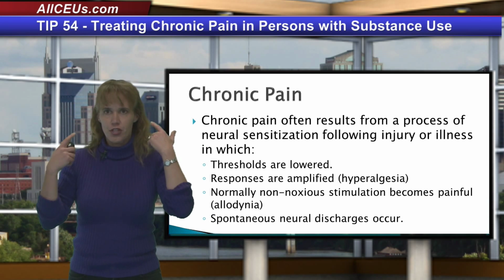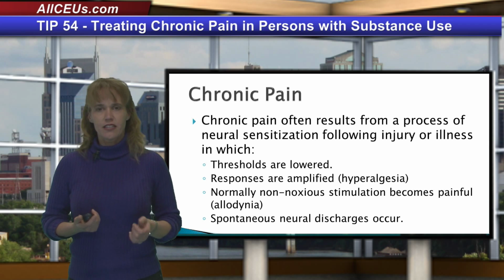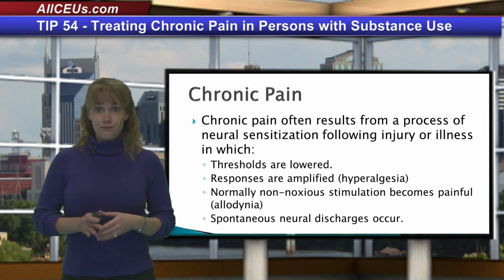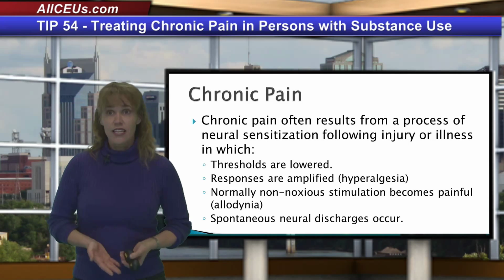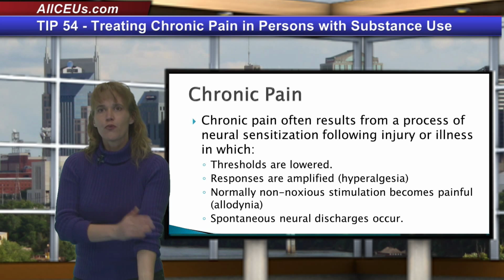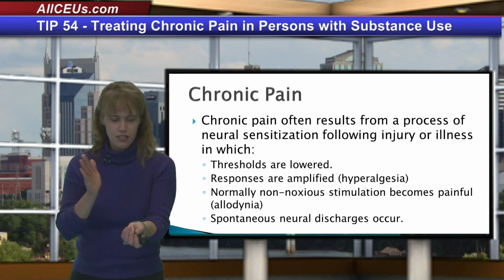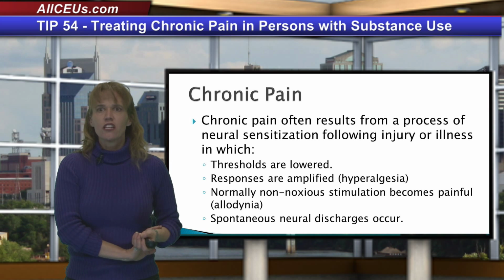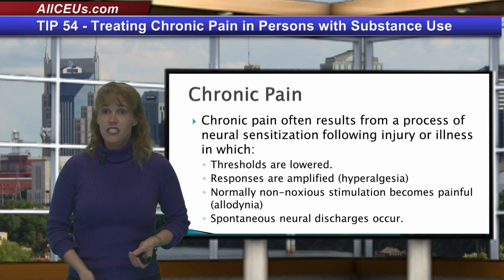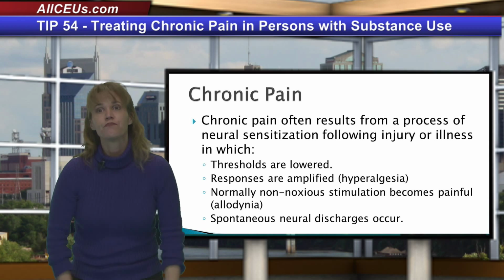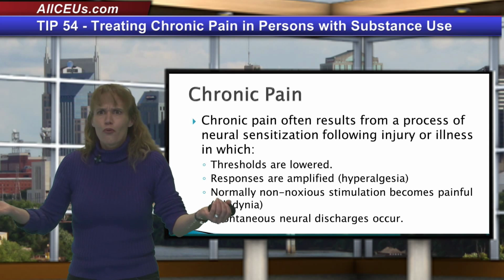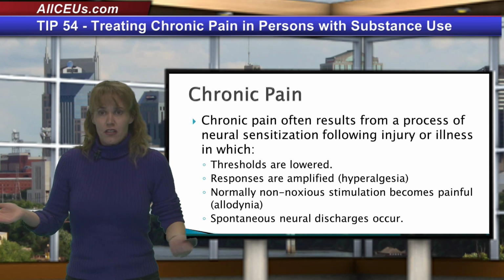It's just their nerves are misfiring, these spontaneous neural discharges. So we need to be aware that these are real and they are going to impact the person. You can also have that even if there wasn't an amputation. Maybe something's healed and it's fine, and then all of a sudden, in the middle of the week, for no apparent reason, it feels like somebody just jabbed it with a knife. That's that spontaneous neural discharge. And you're like, where did that come from?